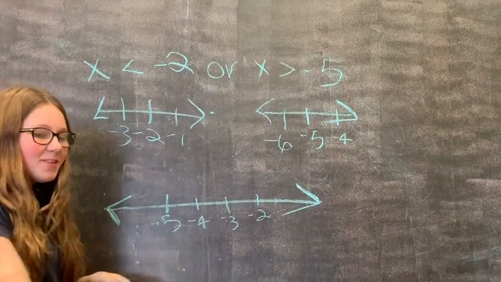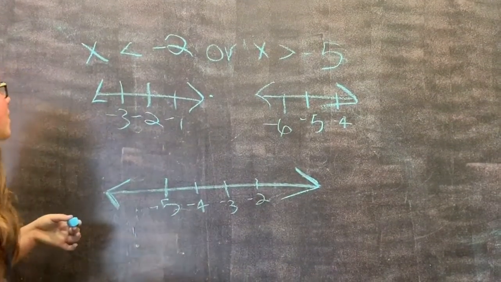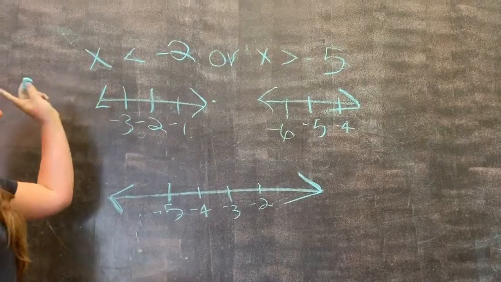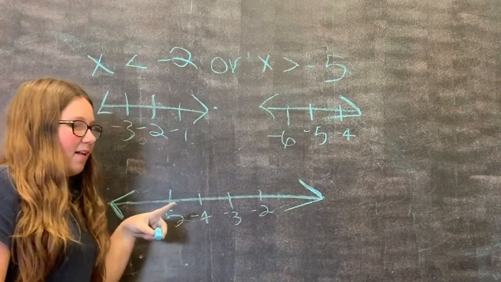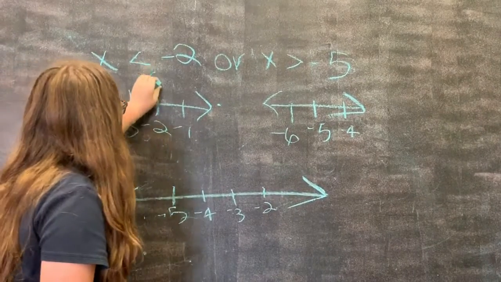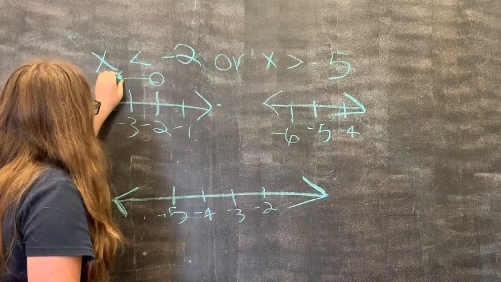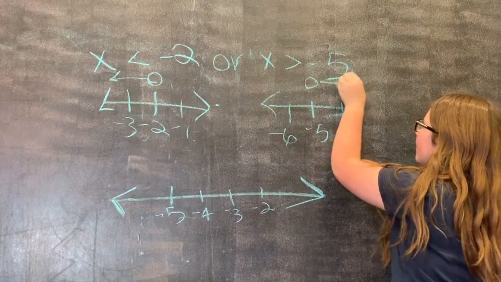So now we have our final special case for graphing compound inequalities, which is x is less than -2 or x is greater than -5. And we're going to do what we usually do, and graph this one.